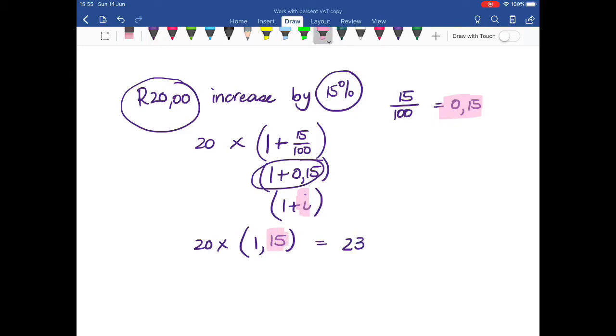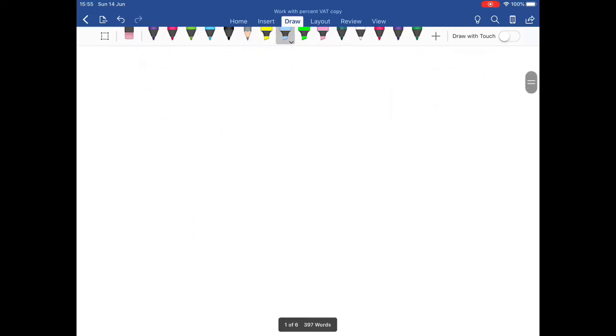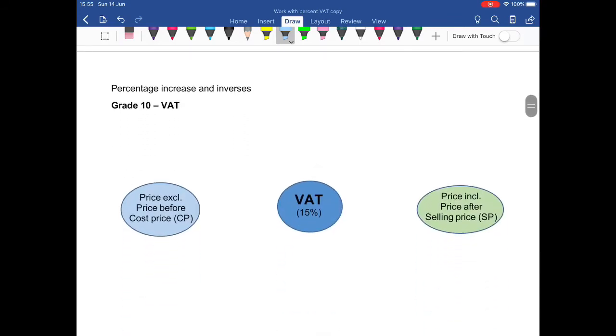This part here is the i. This part here tells us that we've got 1, 20, and we're increasing it by 15%. Now we're going to use this fact in order to work with VAT.